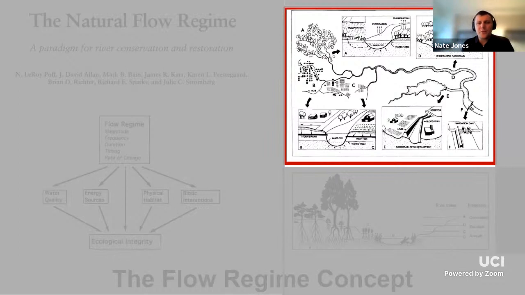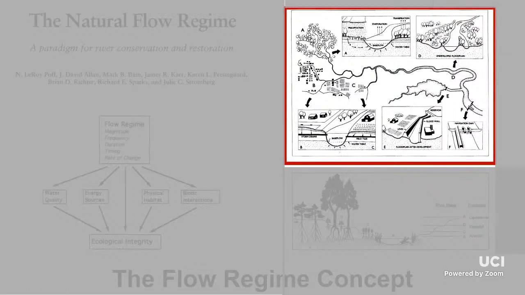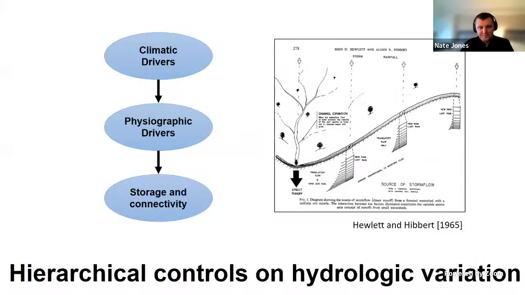But when we talk about the flow regime, it's actually a spatially distributed process. And so are there ways that we can manage our land use and our watersheds in such a way where we can also either restore or maintain appropriate flow regimes?